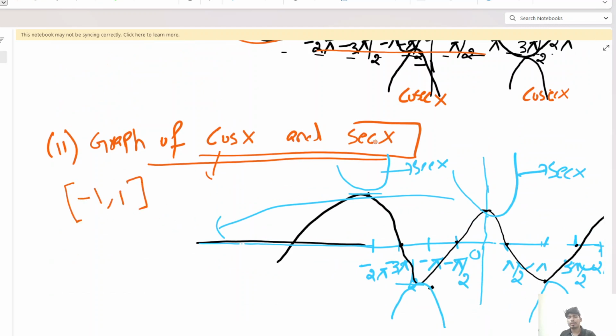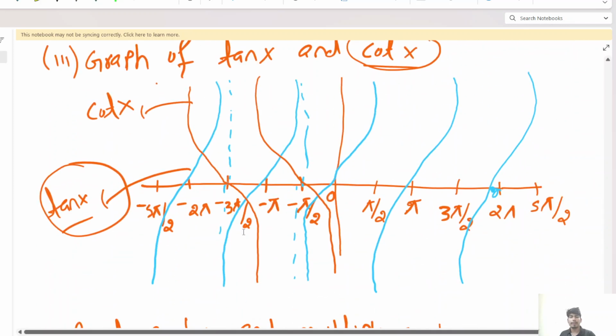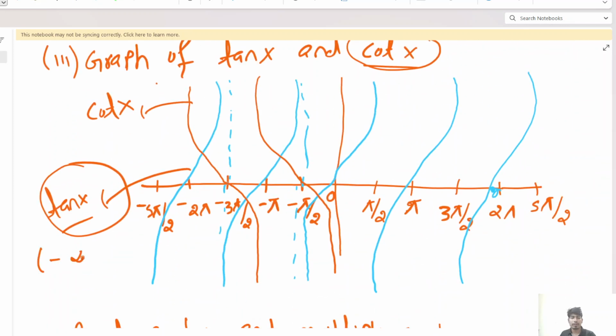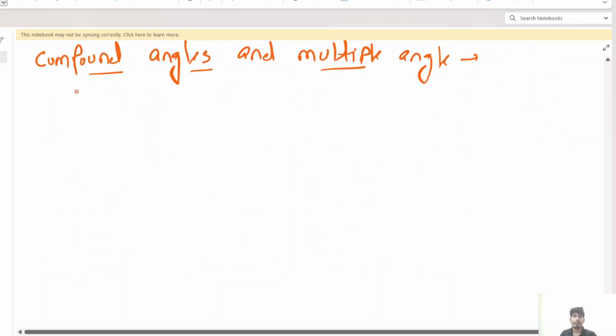And range of sec x is minus infinity to minus 1, union 1 to infinity, okay. Same range for the cosecant function. And for the graph of tan x the range is minus infinity to infinity, and cotangent is also minus infinity to infinity, okay.